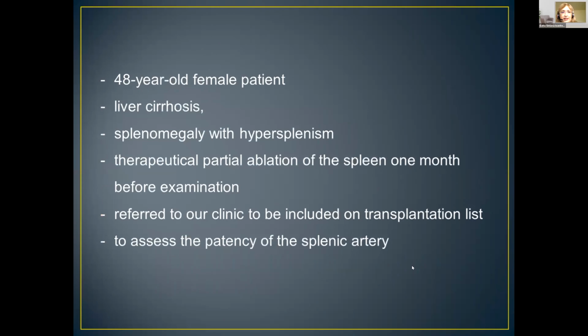The next case is a 48-year-old female patient with liver cirrhosis, with splenomegaly, with hypersplenism, with therapeutic partial ablation of the spleen 1 month before examination, who was referred to our clinic to be included on the transplantation list.